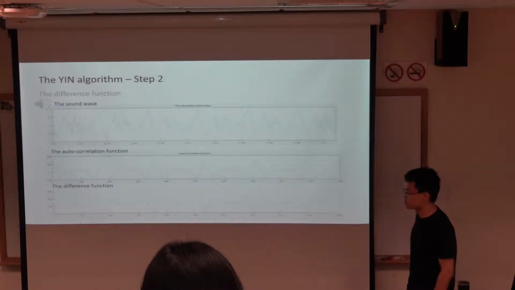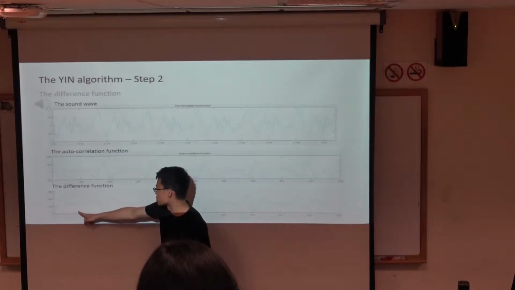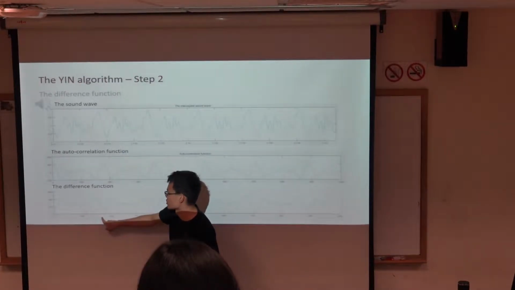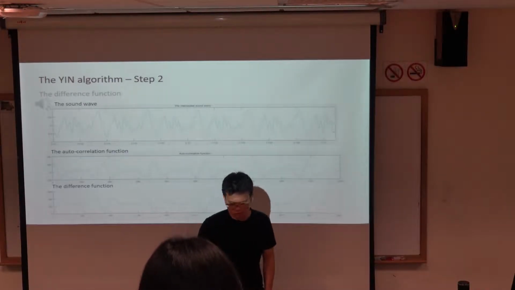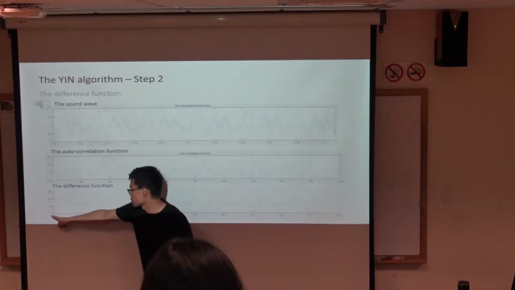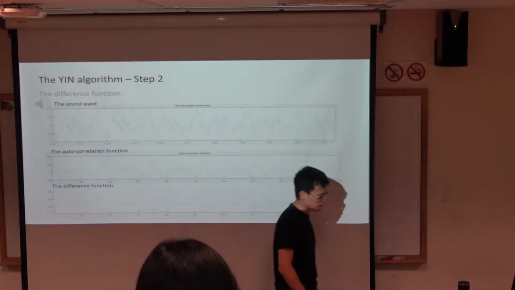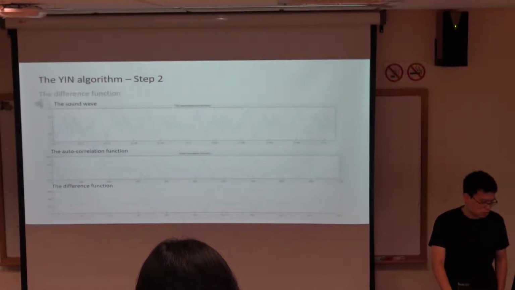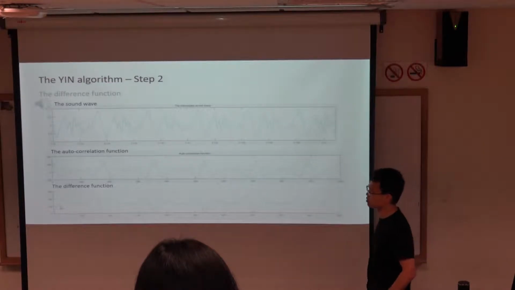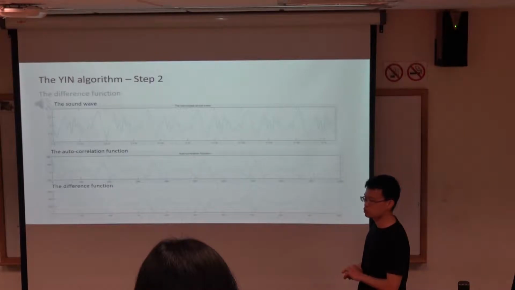However, difference functions still have the same problem we just met, because a minimum appears here. Again, we could choose this minimum, right? Especially since the function starts from 0. So that means the computer will think the points near 0 are a very good periodical part.